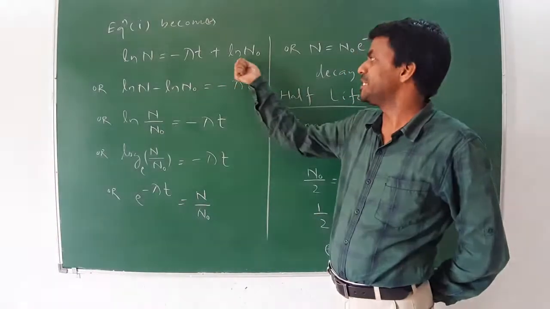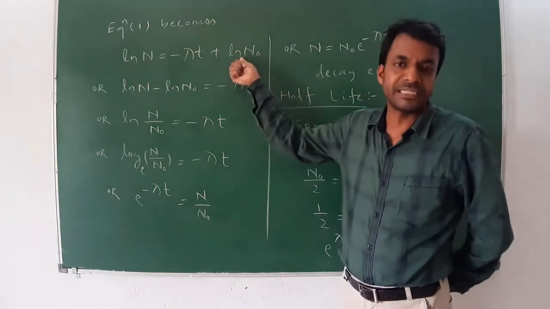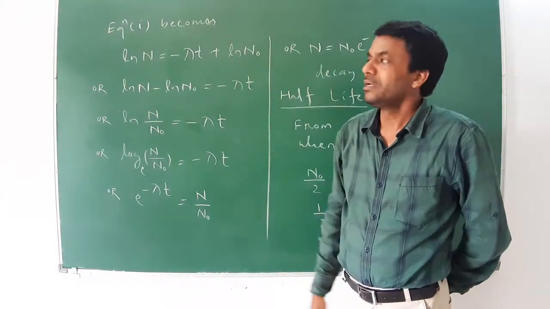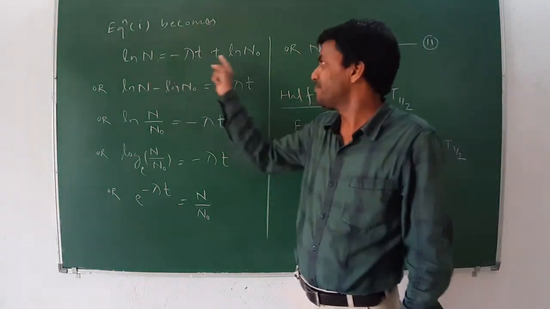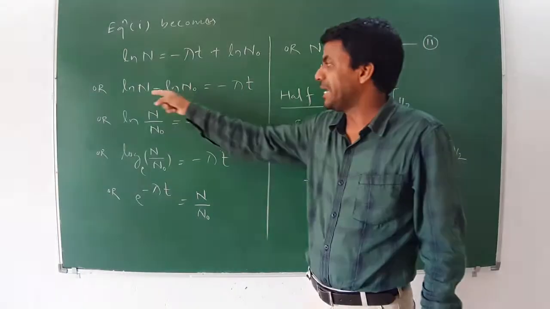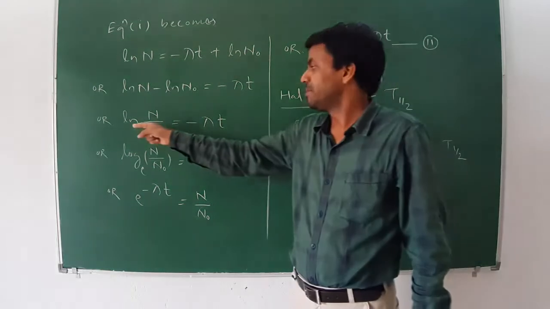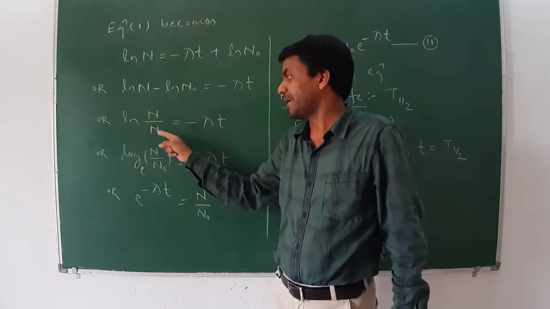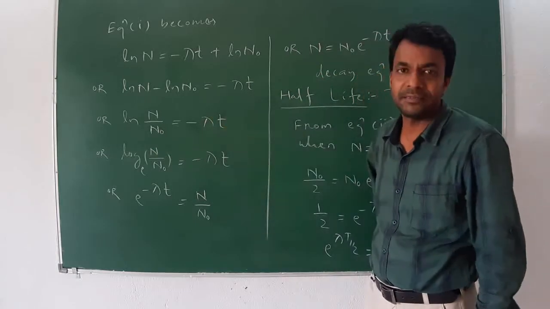In place of c in equation 1, I just put the value of c, that is ln N naught. Now, taking the logarithm terms to one side, ln N minus ln N naught equals minus lambda t. Using the formula ln m minus ln n equals ln m by n, we get ln N by N naught equal to minus lambda t.